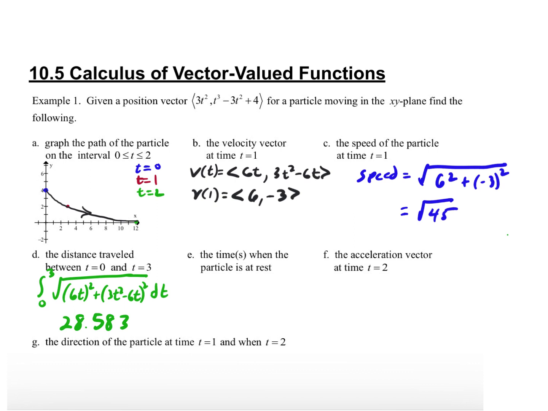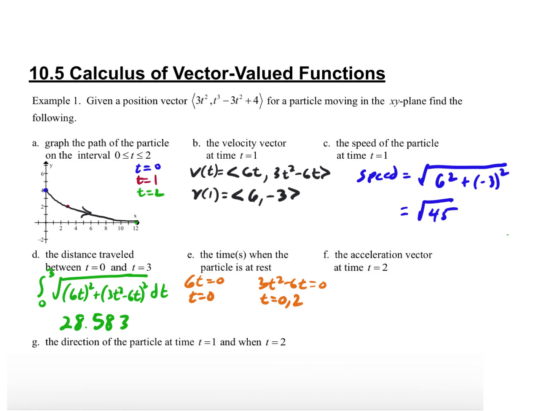Okay. Particle at rest. So when both of these are equal to 0. So you're solving this equal to 0. Obviously t equals 0 there. And you have a couple situations you could have there. That one's going to give me 0. That one's going to give me 0 at times 0 and 2.